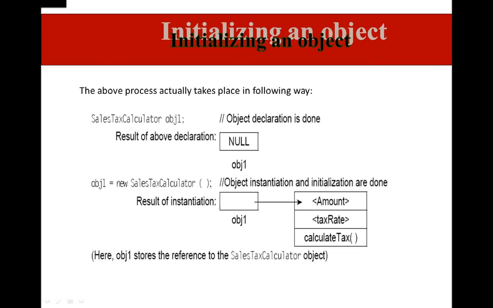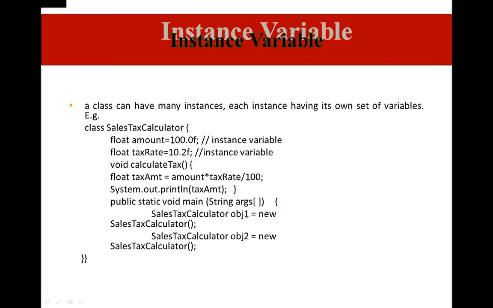Let's see the instance variables. Instance variables are declared within the class and of course outside the method. Okay, the variables are called instance variables only when they are declared within the class outside the method.